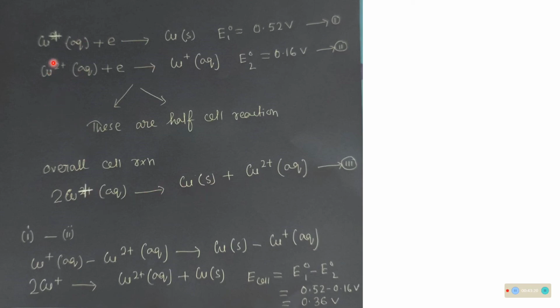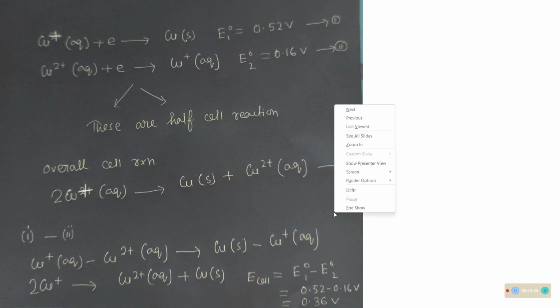If we subtract equation 2 from equation 1, then we will get the overall cell reaction, and we also get the E0 cell.